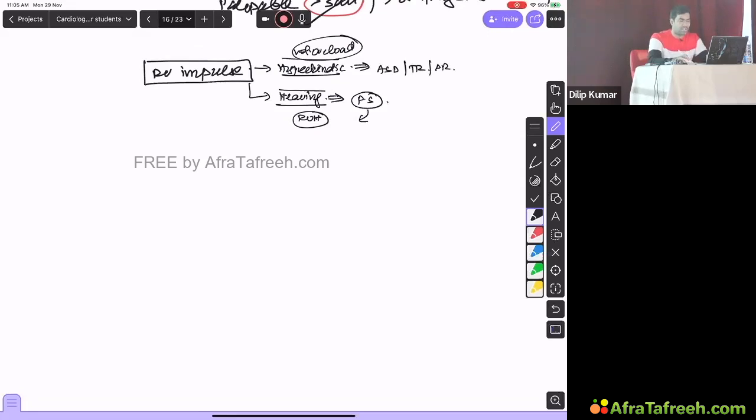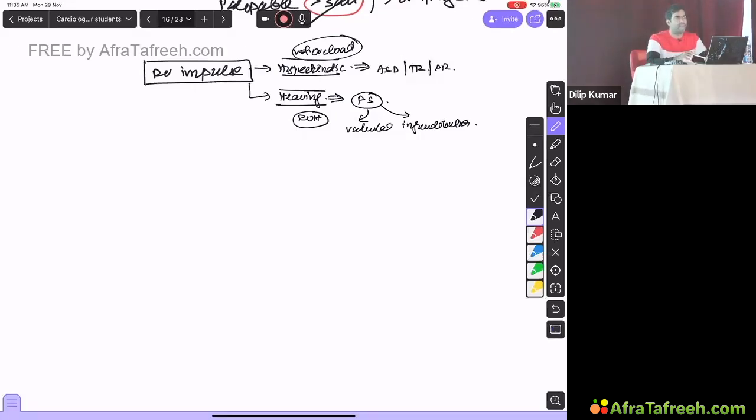Pulmonic stenosis can be valvular, or it can be infundibular, like in TOF. But remember, in TOF, generally right ventricular pulsations will not be seen. Why? Again, because of the VSD.